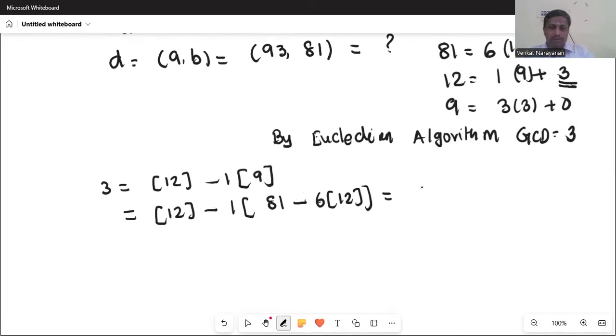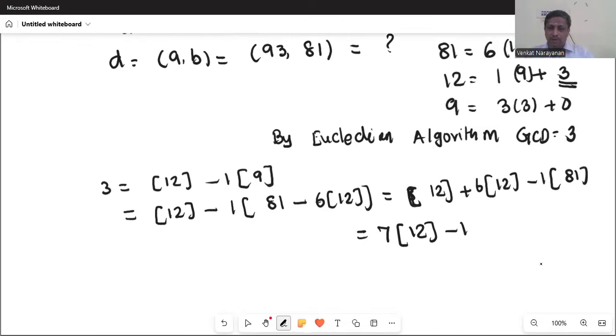So the equation becomes 12 plus 6 times 12 minus 1 times 81. That is 7 times 12 minus 1 times 81.